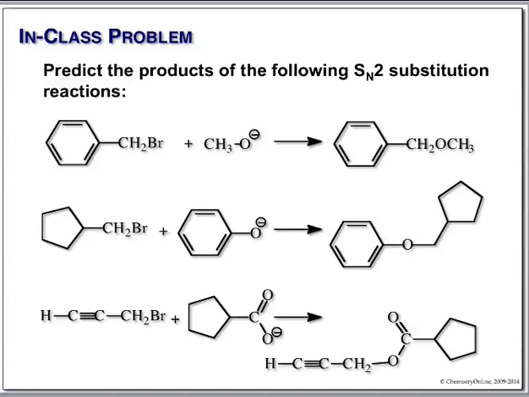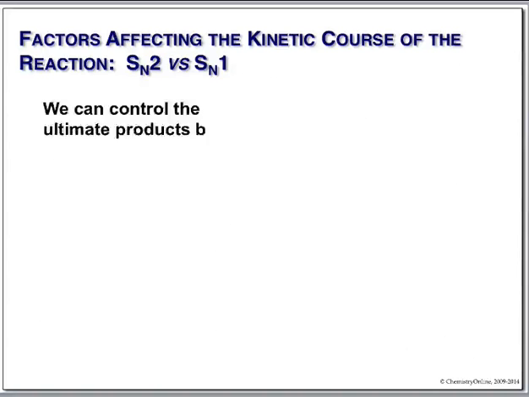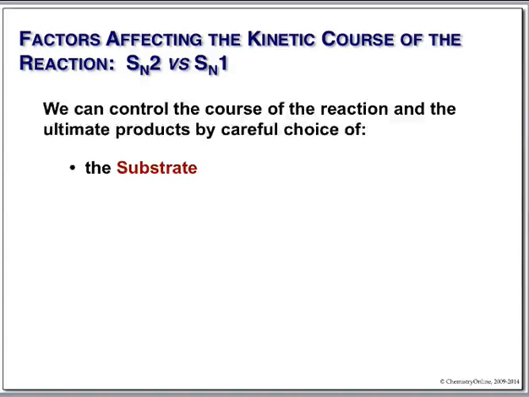Now, we would be pretty poor chemists if we just simply let the fact that they're Sn1 and Sn2 go without trying to control it. Turns out that we can control whether Sn1 or Sn2 happens by controlling either the nature of your substrate, the nucleophile, or the solvent. The substrate.